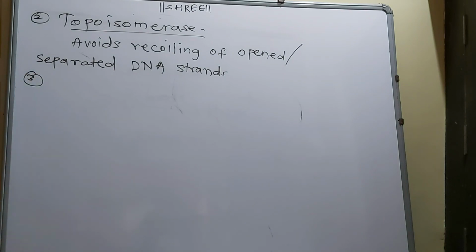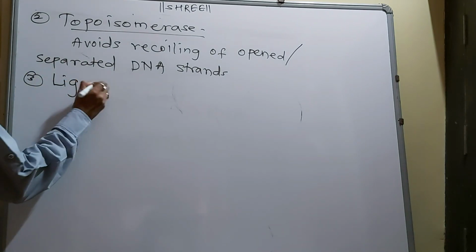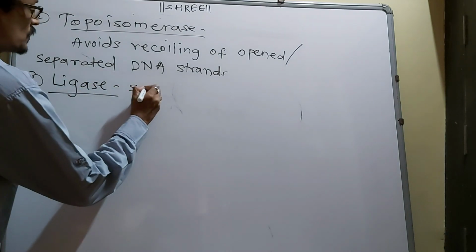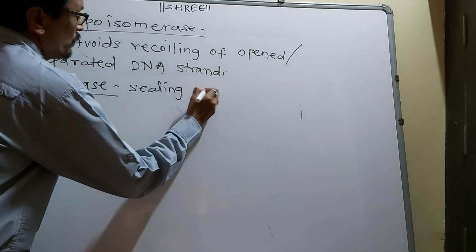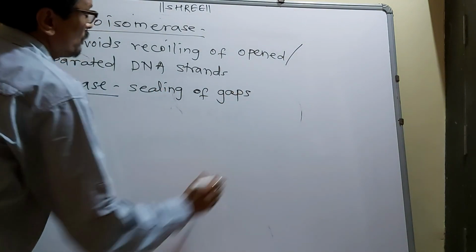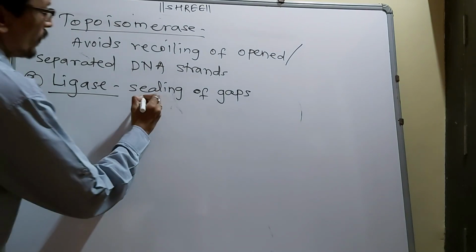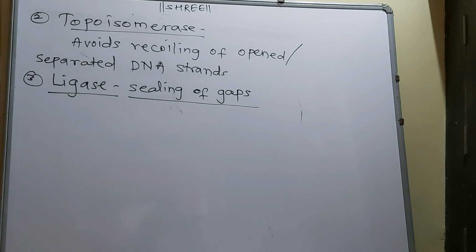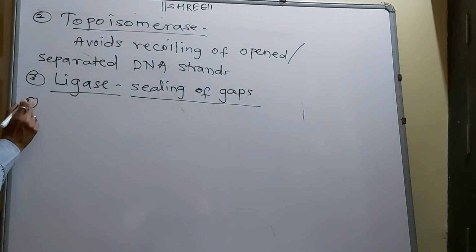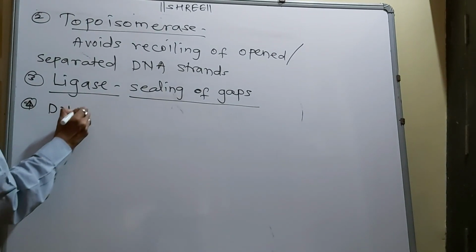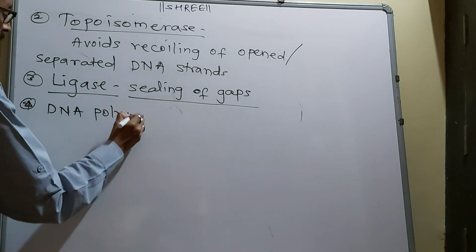Next, the third enzyme which participates in the replication process is called ligase. This ligase is responsible for sealing of gaps, or simply we can say it is responsible for joining of two DNA fragments. The fourth important enzyme is DNA polymerase.